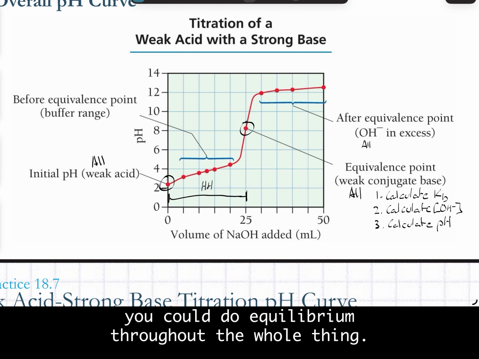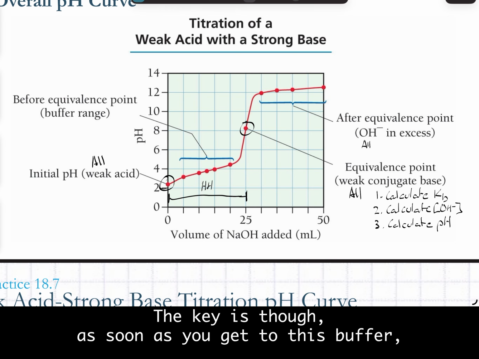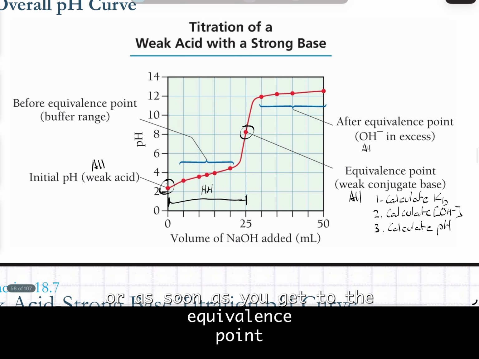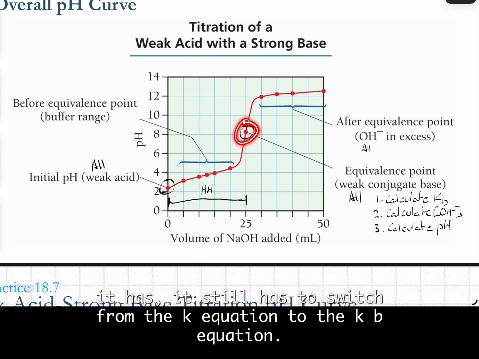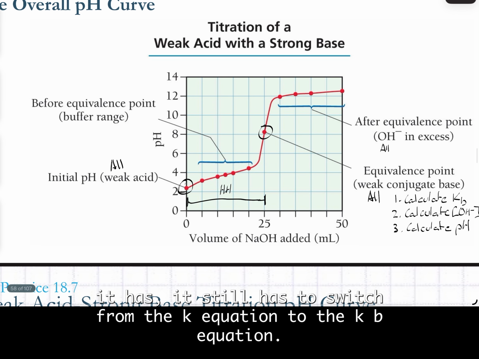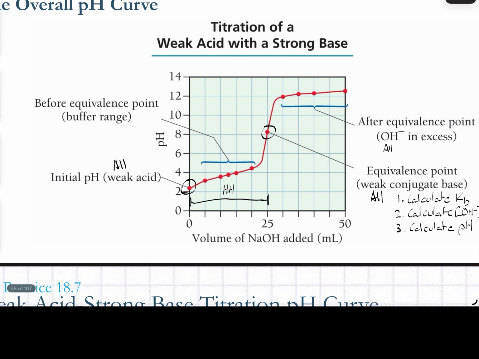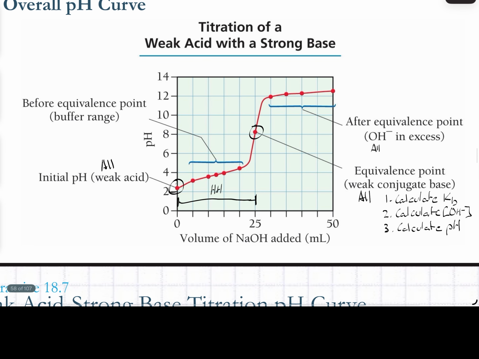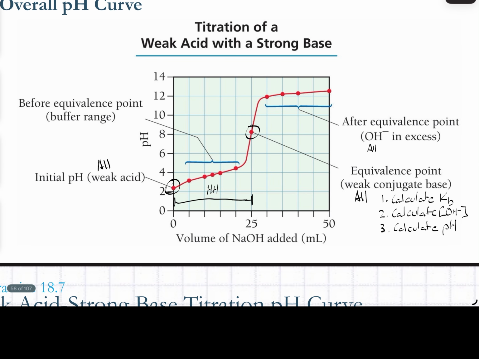I guess technically you could do equilibrium throughout the whole thing. The key is though, as soon as you get to the equivalence point, it still has to switch from the Ka equation to the Kb equation. That makes sense.